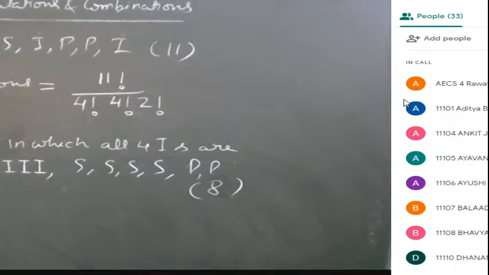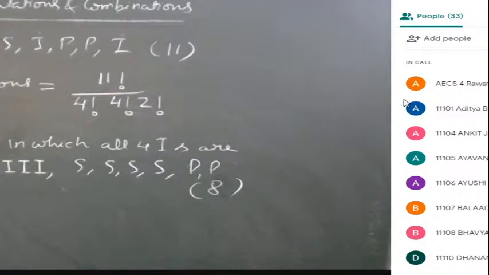Now their total permutations will be, again apply the same formula. It will be 8 factorial divided by, this is one letter, so don't consider it a repetition. This is one letter. These are repeats: 4 factorial into 2 P's are there, 2 factorial. Right. Now, if you subtract these two, you will get the number of words in which 4 I's are not together.